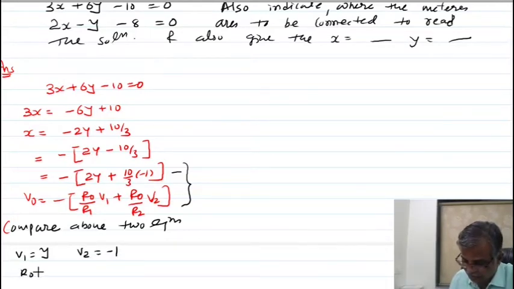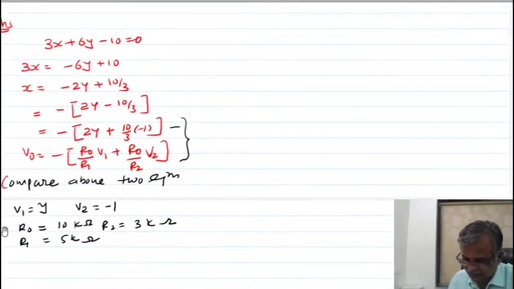Ro is equal to, you can say, 10k. R1 is equal to 5k. R2 is equal to 3k. See, look here.